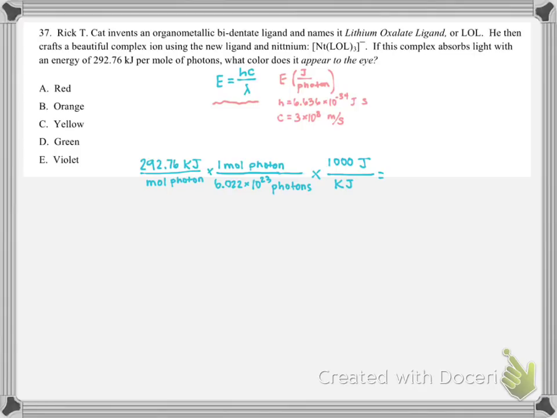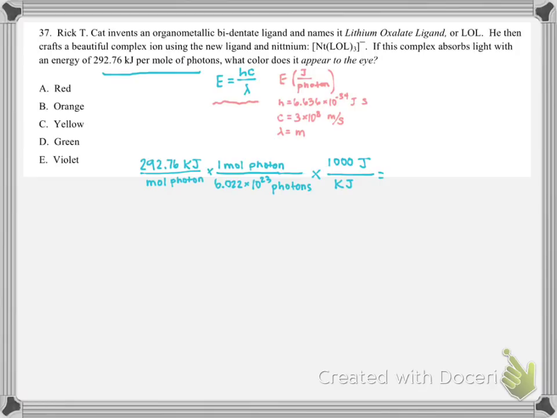And then the wavelength that we calculate will pop out in terms of meters, because we have meters in the speed of light. Okay, so the energy that we need is in joules per photon, but the energy that we're given is in kilojoules per mole of photons.